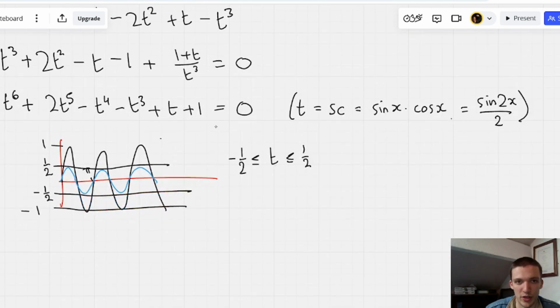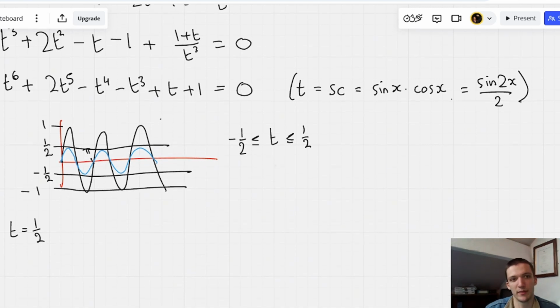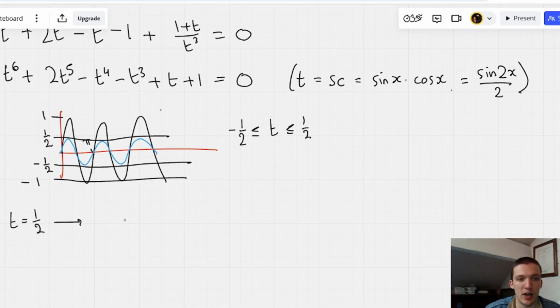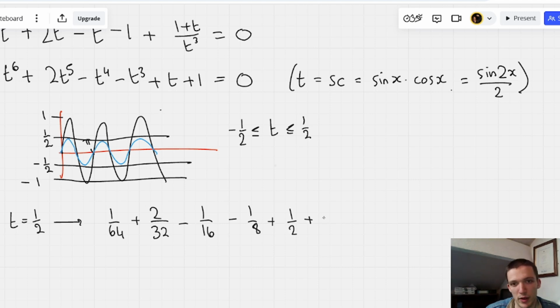So where does this equation go? Does this equation ever actually equal 0? Well, let's try some stuff. Let's put in t equals 1/2. We're going to get 1/2 to the power of 6, which is 1 over 64, plus 2 over 32, minus 1 over 16, minus 1 over 8, plus 1/2, plus 1.